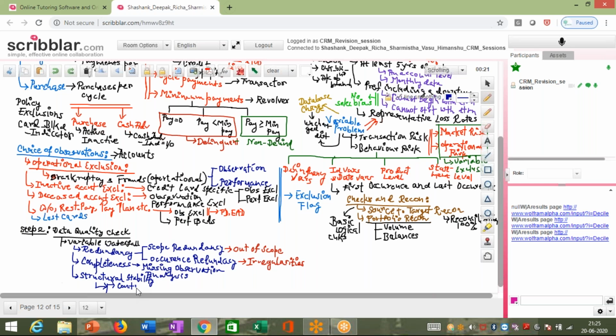And the second analysis that we have is the frequency distribution analysis.